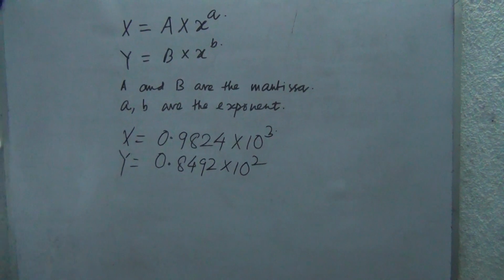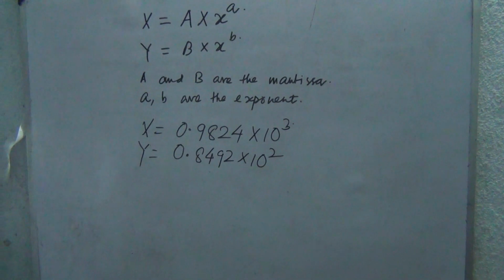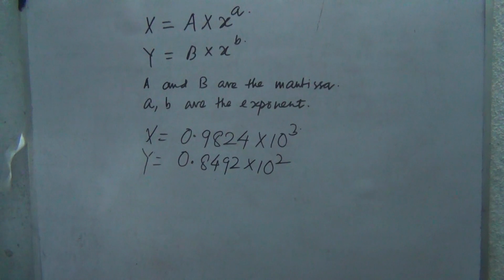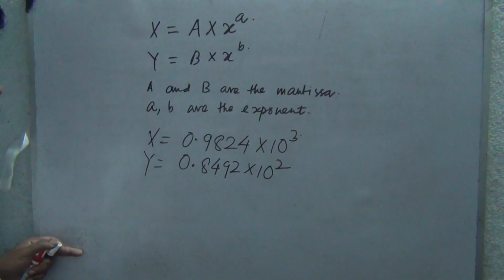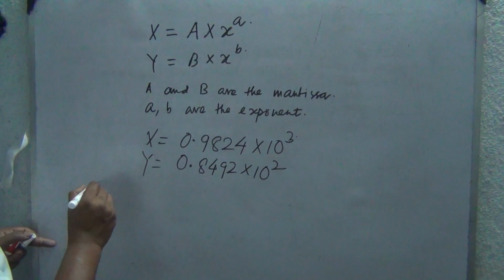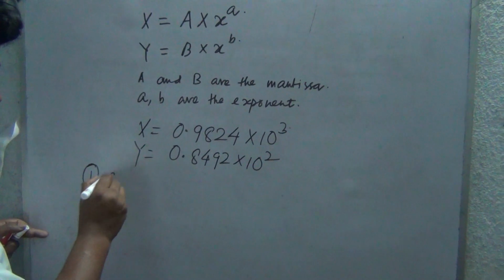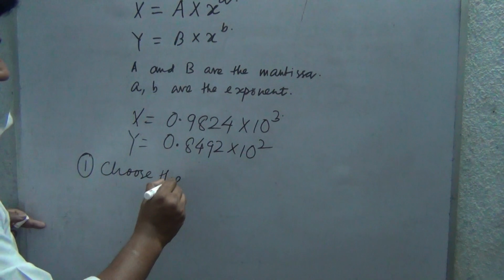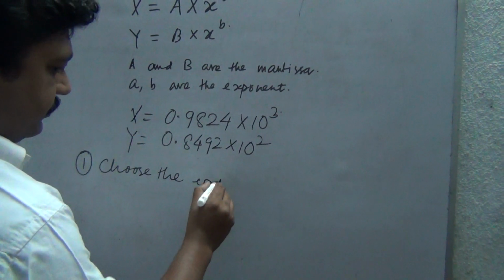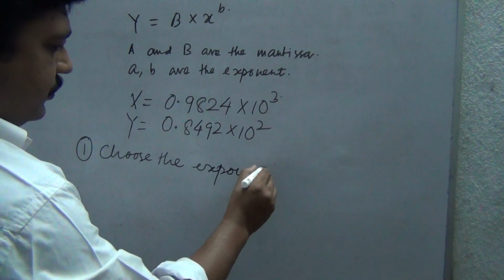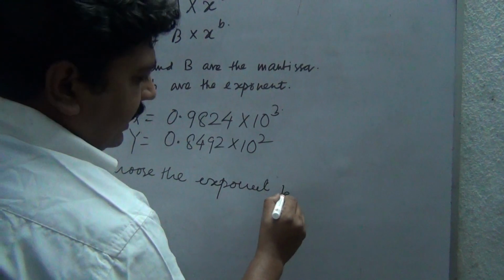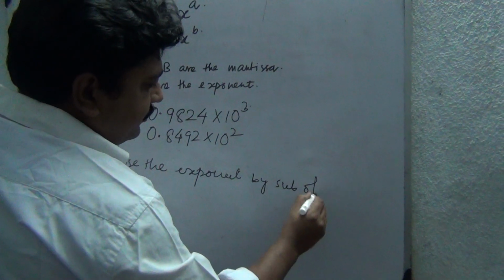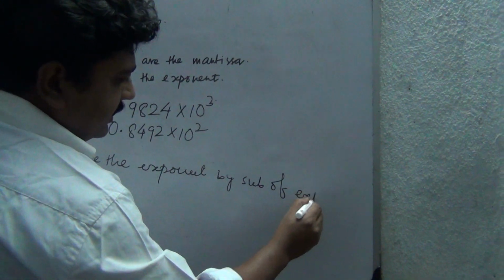For these two numbers, how can I add or subtract them? So the algorithm is: number 1, choose the exponent by subtraction of exponents.